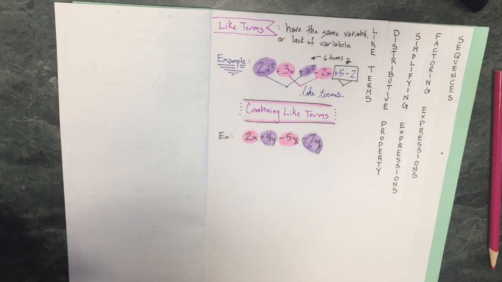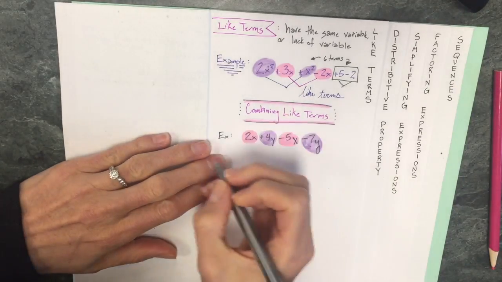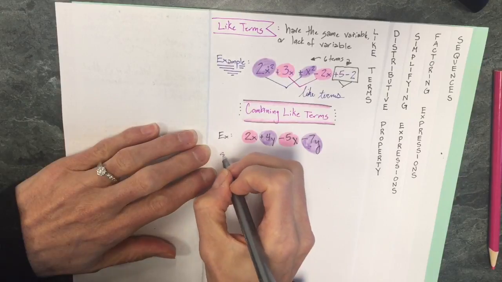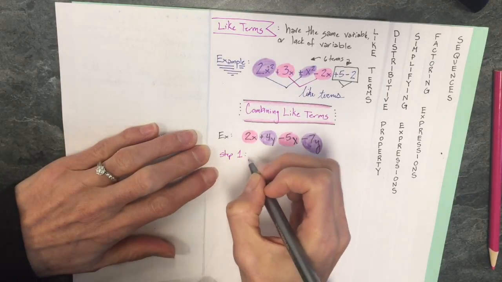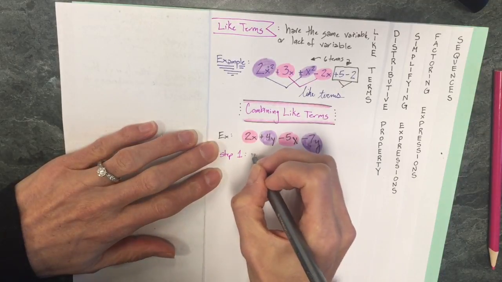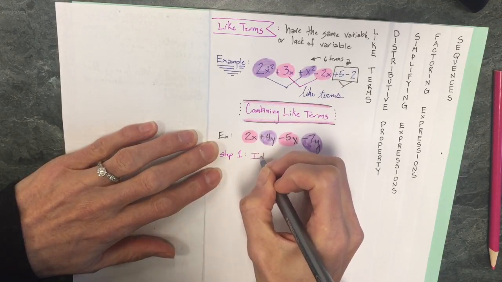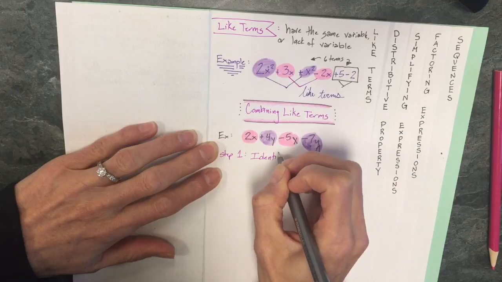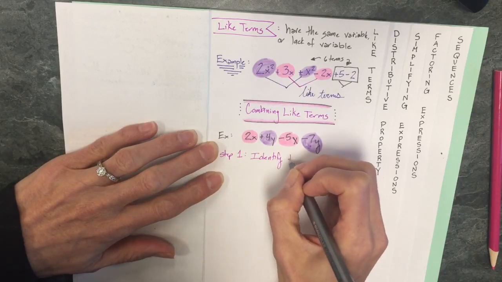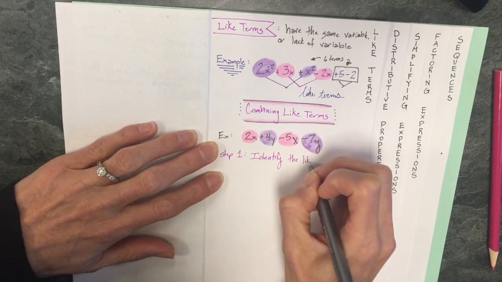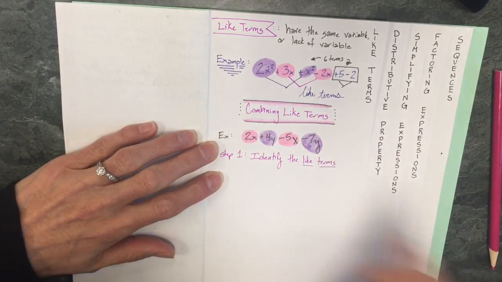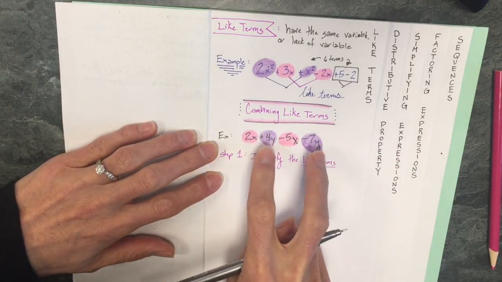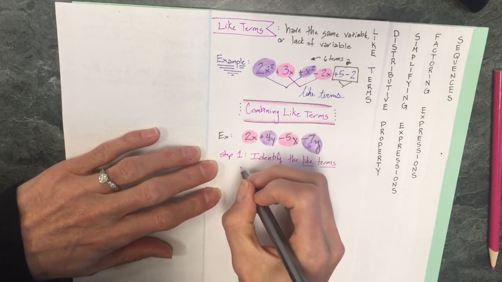So let's write some steps. So when we go to try these, you'll know exactly how to start. So step 1, identify your like terms. So I just did that by highlighting the two like terms that we have.